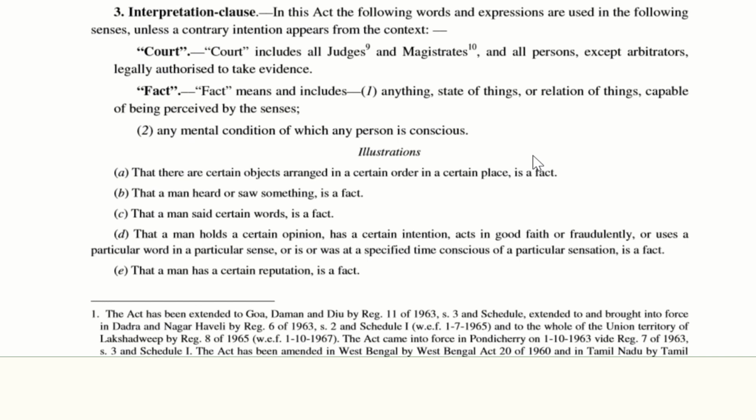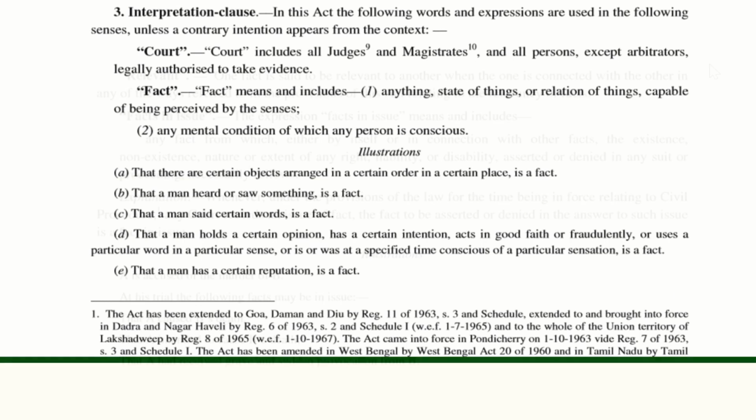You're going inside, you're listening to something, and you go near to that place from where you heard that sound. Now you are listening to certain words, and that person has some opinion about something. He is saying that opinion either in good faith or fraudulently. That person is a very reputed or a very famous person. So now all these 5 illustrations are covered with a single story.